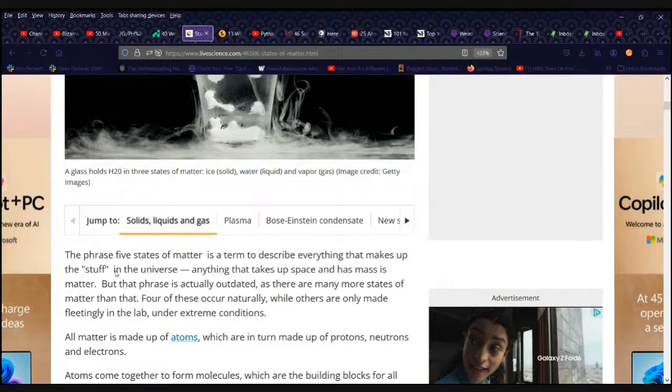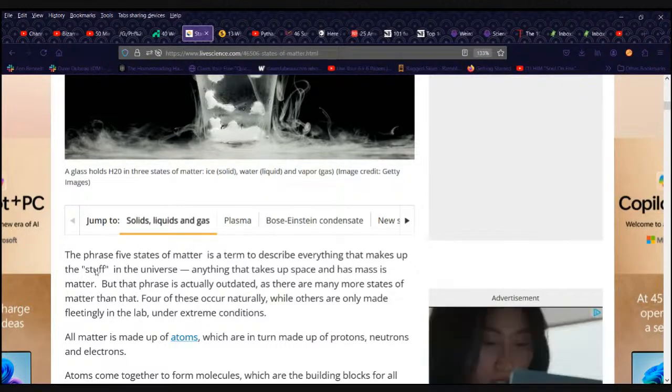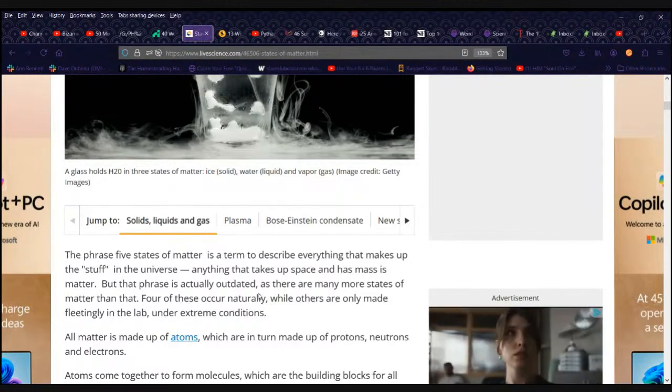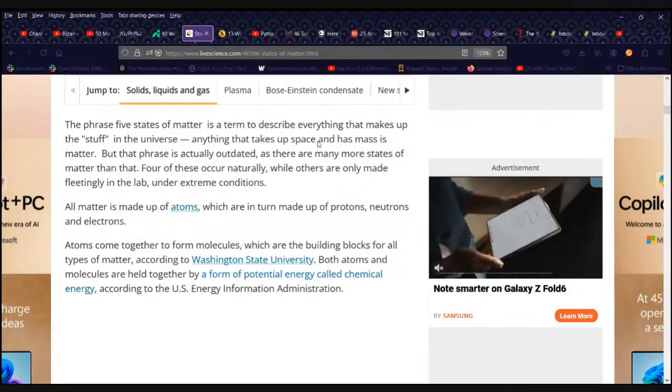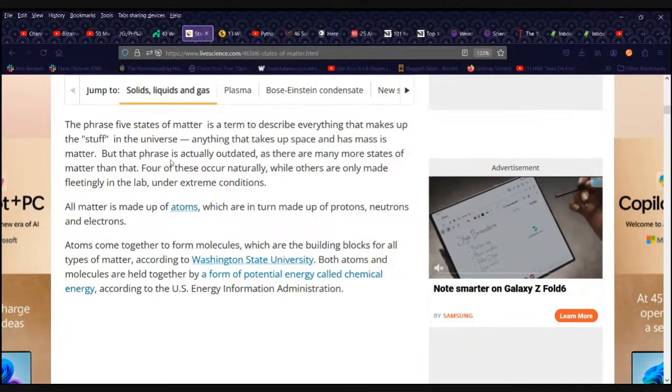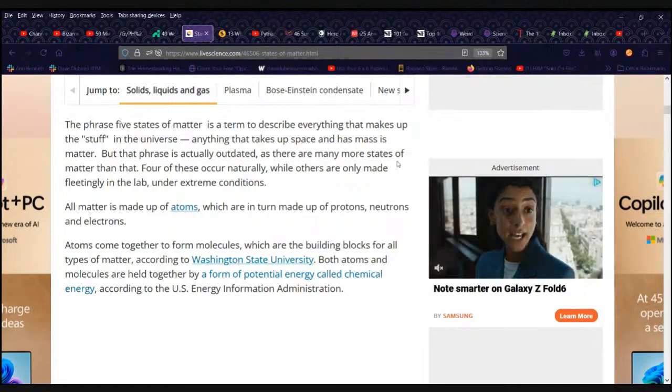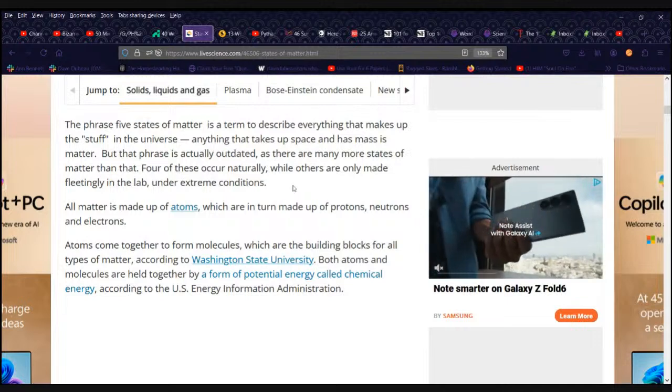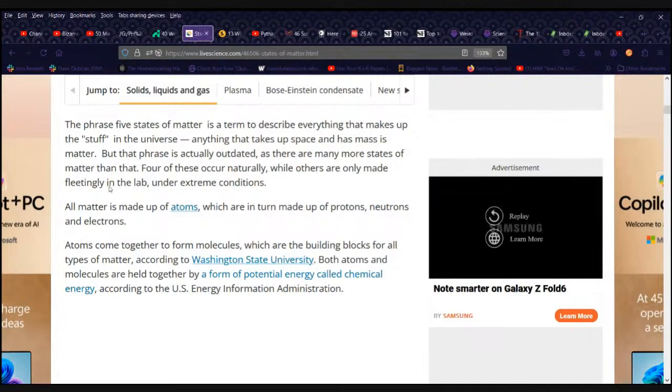Okay, stuff. I guess stuff is one of the states of matter. Anything that takes up space and has mass is matter, but that phrase is actually outdated, as there are more states of matter than that. Some occur naturally, while others are only made fleetingly in the lab. Okay, that's what's going on here.